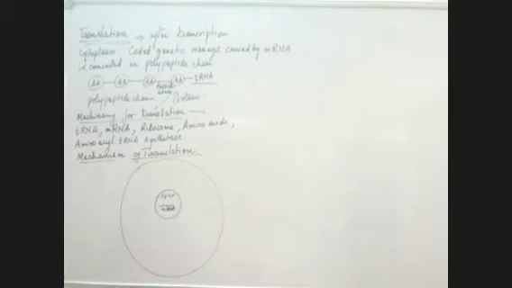Now, transcription has taken place and messenger RNA is formed, which has the coded genetic message. On the basis of this coded genetic message, protein has to be synthesized. This comes out of the nucleus into the cytoplasm. In the cytoplasm, we have the smaller subunits and the larger subunits.